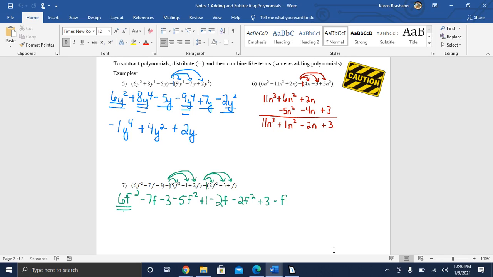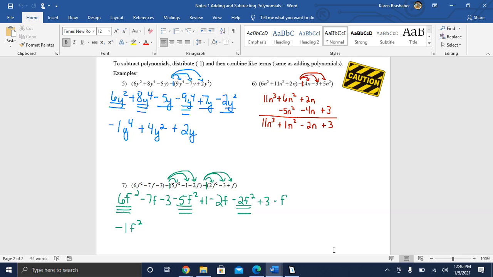I want to look for everything that has an f to the second. I'm going to combine 6 and negative 5, and that makes 1, and combine that with negative 2, and that makes negative 1 f to the second power.